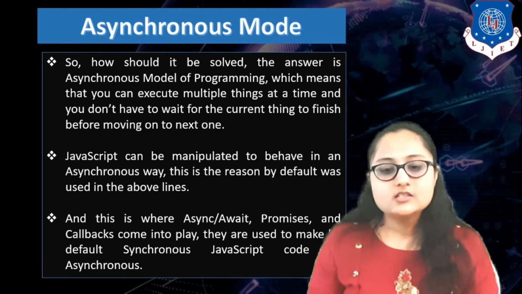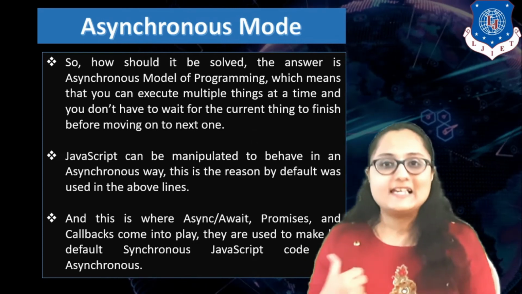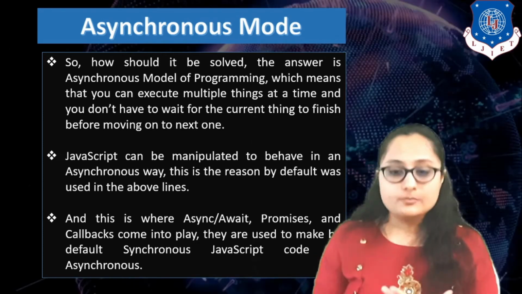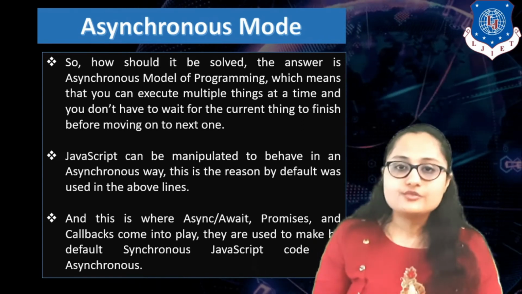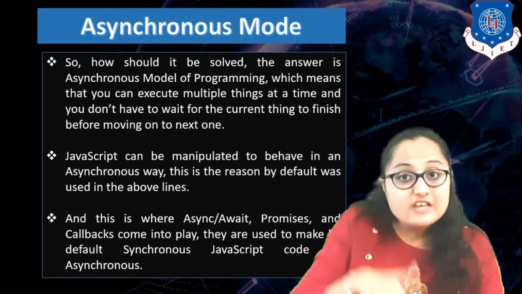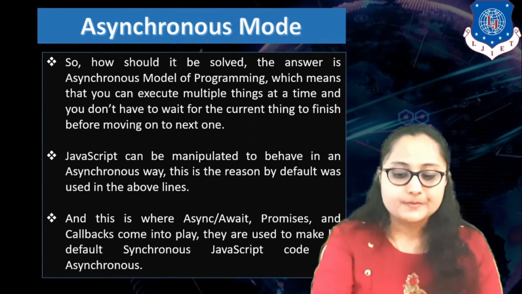Now there are certain things that we can do with JavaScript. For example, async, await, promises and callbacks come into the picture, and they are used to make the default synchronous nature of JavaScript into asynchronous nature.